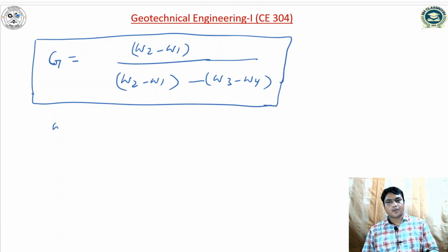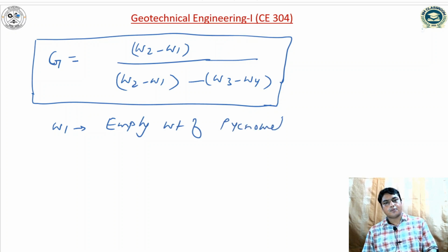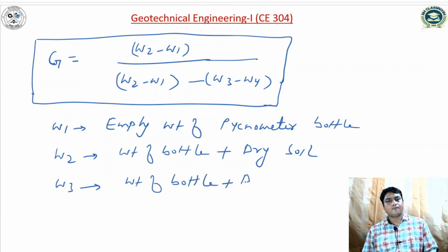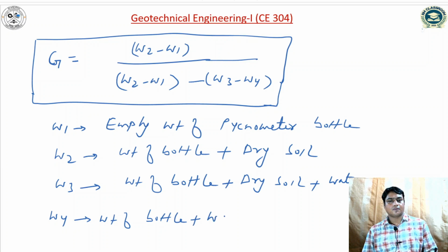pycnometer method, where W1 is the empty weight of the pycnometer bottle, W2 is the weight of bottle plus dry soil, W3 is the weight of bottle plus dry soil plus water, and W4 is the weight of bottle plus water.